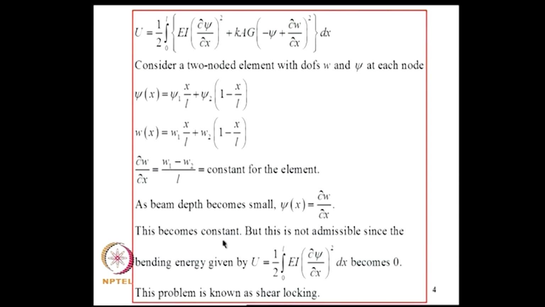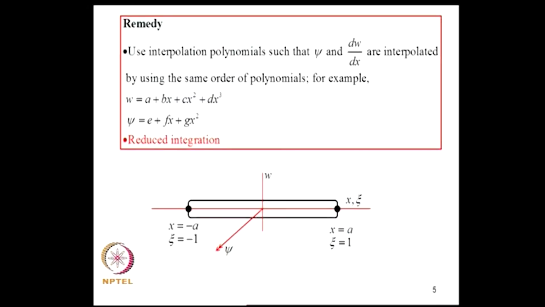According to this representation it becomes constant, but this is not admissible since the bending energy is given by this term and this becomes 0 if psi of x is constant. So this problem is known as shear locking.